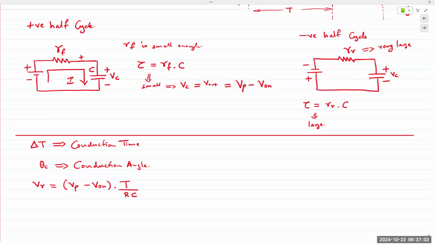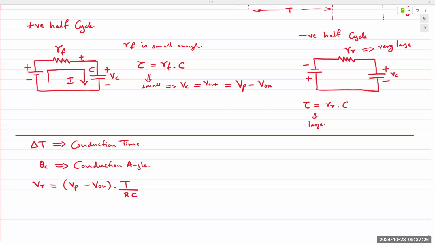So delta T is the conduction time. That's the time that the diode is actually on. For the rest of the time, it's off. And then the angular representation of conduction time is theta C, conduction angle. Ripple voltage can be described in terms of the input voltage.